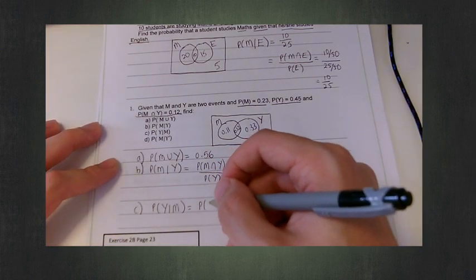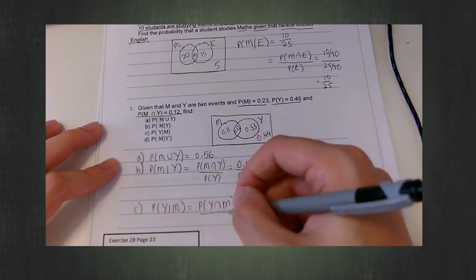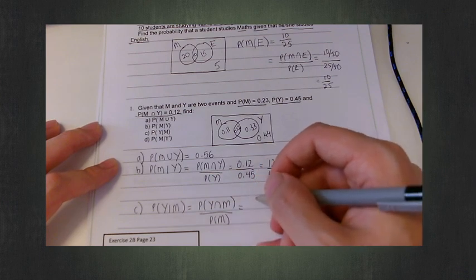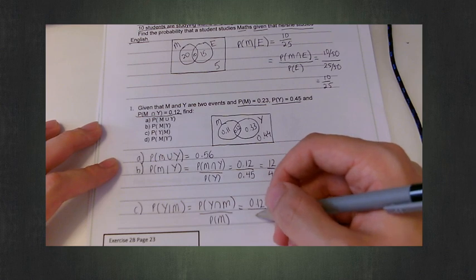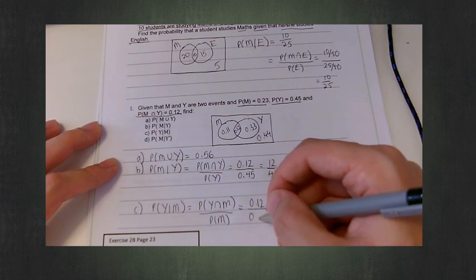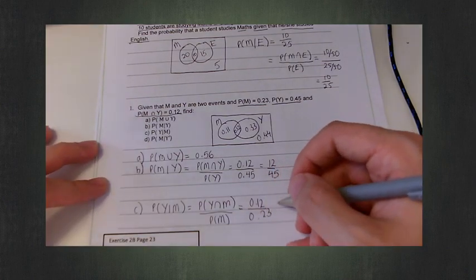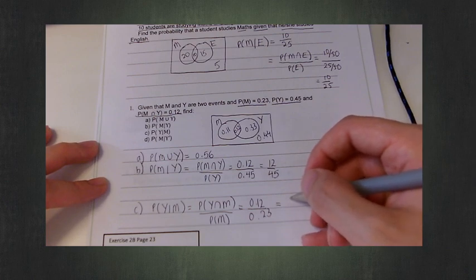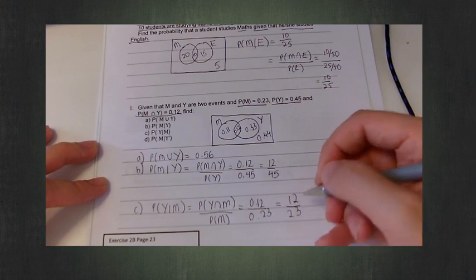So what's the probability of Y and M over the probability of M? Probability of Y and M is the same as probability of M and Y, and the probability of M is 0.23. Which is 12 over 23.